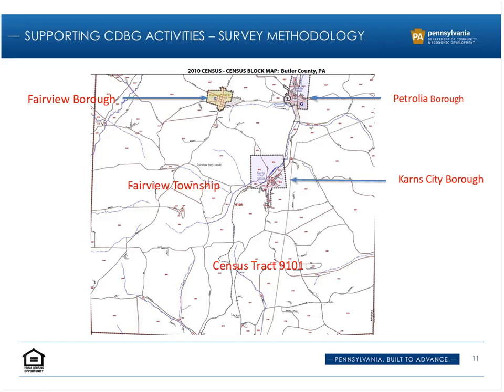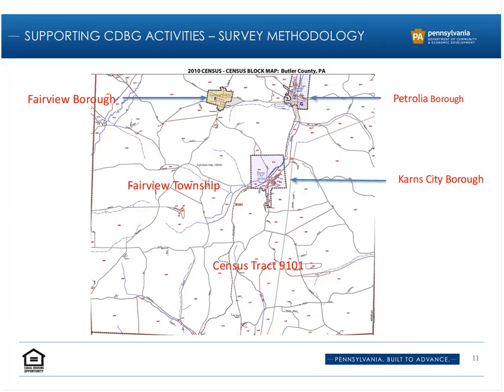And what the data would suggest is that the characteristics in Petrolia Borough may not be similar to that in Fairview Township or Bruin Borough or Parker Township, and therefore, unless in this particular instance the project encompassed all of those municipalities, you couldn't use that data set.